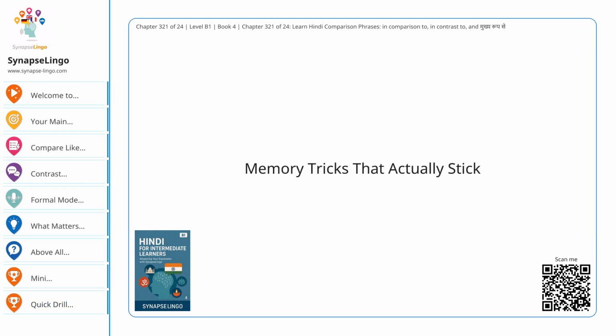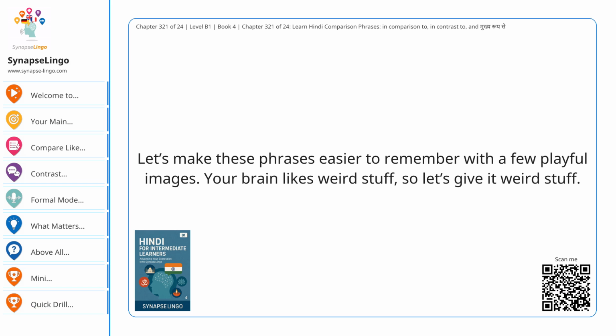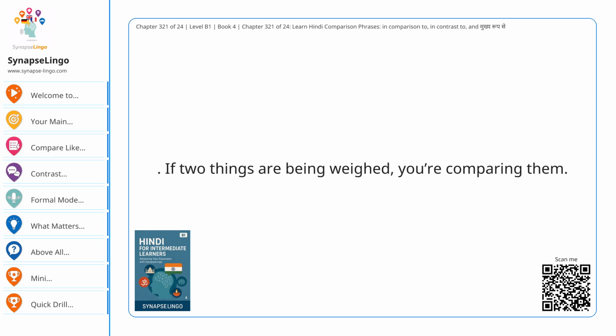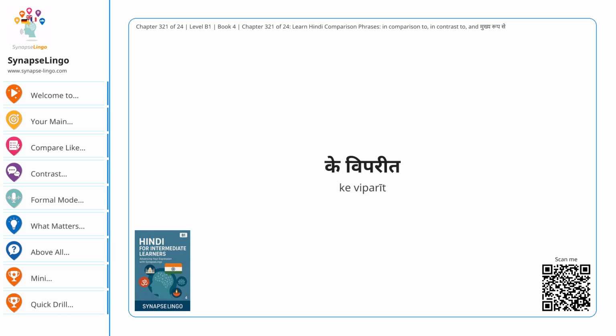Memory tricks that actually stick. Let's make these phrases easier to remember with a few playful images. Your brain likes weird stuff, so let's give it weird stuff. Picture two giant scales for की तुलना में. If two things are being weighed, you're comparing them. Picture fire on one side and ice on the other for के विपरीत.